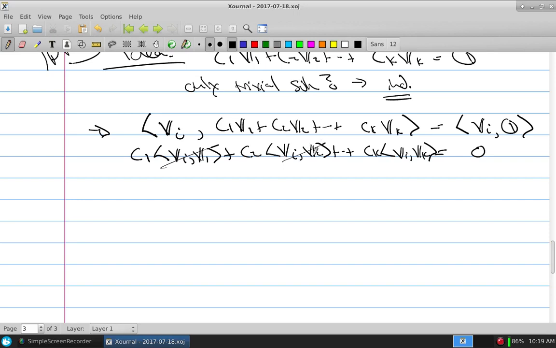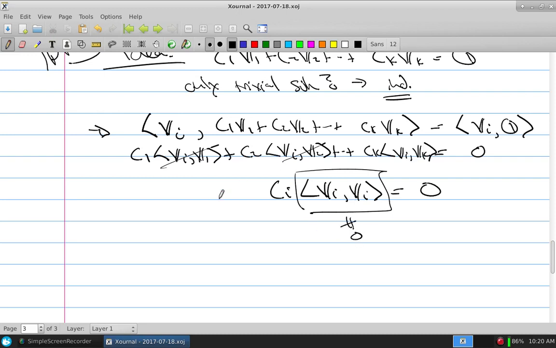But on the other hand, when i is i, I'll get Ci times the inner product of vi with vi, and that needs to be 0. Well, the inner product with itself is not going to be 0. That can't be 0. So what does that mean Ci is? And that is for any i.